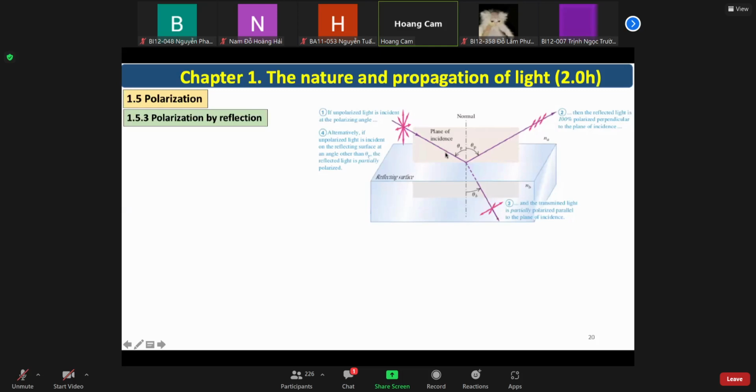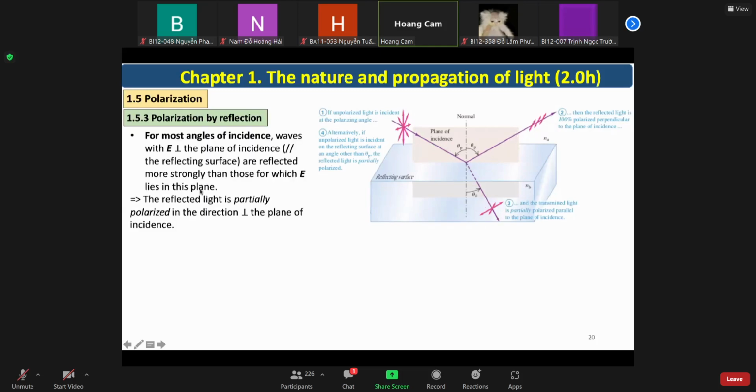It is an important concept, and we will see how the polarized light of the reflected rays and the refracted rays behave. So for most angles of incidence, the waves with electric field, denoted in bold here, meaning vector electric field, perpendicular to the plane of incidence.